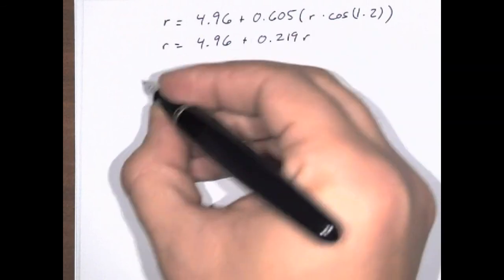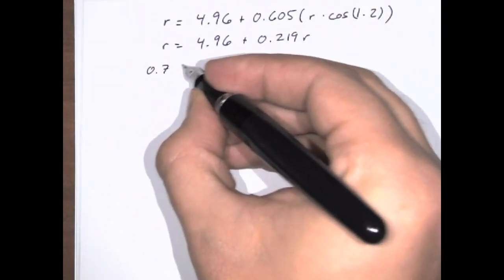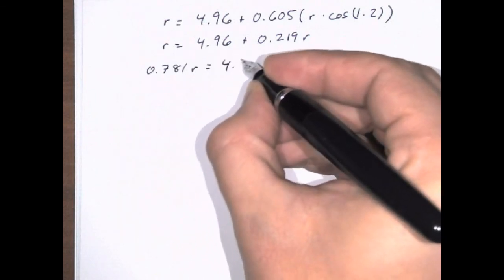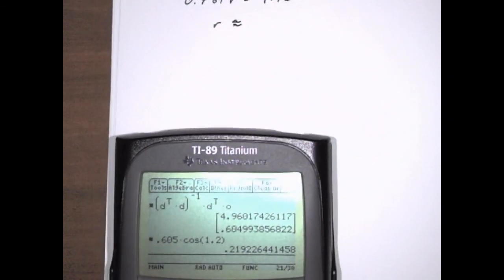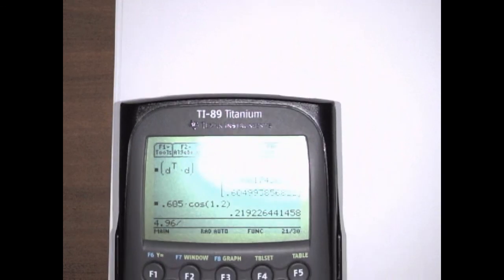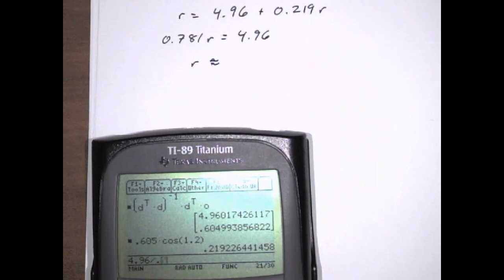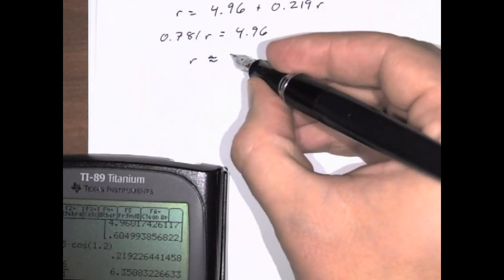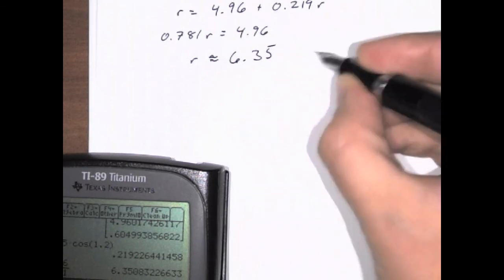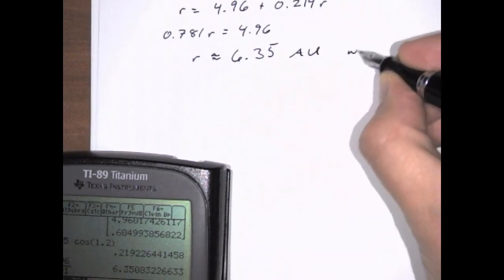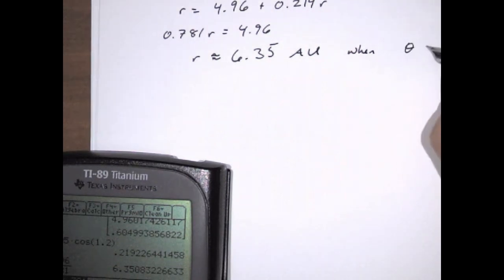And so we can just move this to one side, so subtract that, and we'll have 0.781R equals 4.96, which means then that R is about equal to 4.96 divided by 0.781, which is about 6.35 astronomical units when theta equals 1.2.